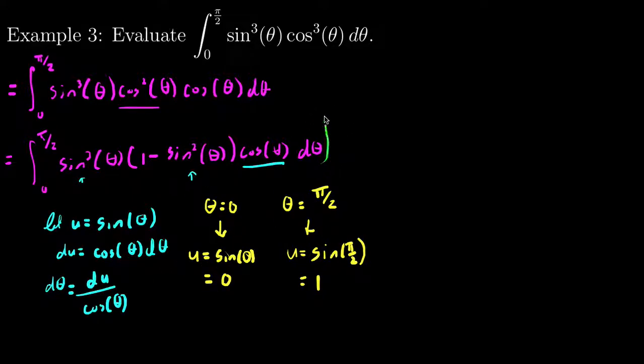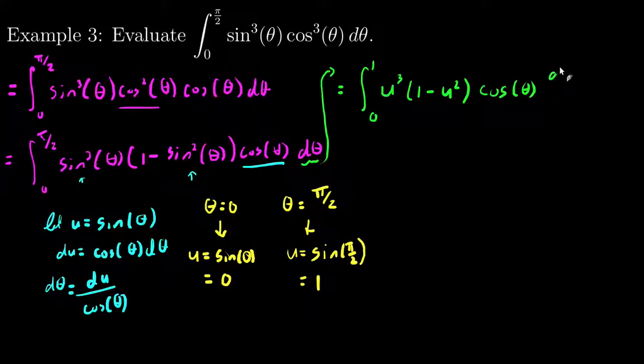So this all gets me the integral from 0 to 1, because we're talking about u's now, not thetas, of, replace this sine with a u, so u cubed, replace this sine with a u, 1 minus u squared. I'll leave the cosine here for a brief second, and replace the d theta with du over cosine theta.